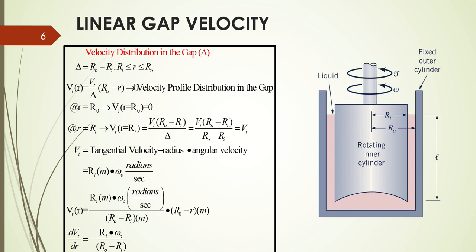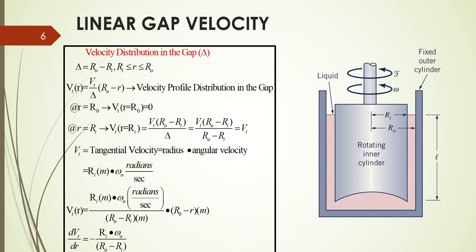So we can define a velocity distribution in the gap as V sub R is equal to V sub T over delta times R0 minus R, and once again, R is a variable.